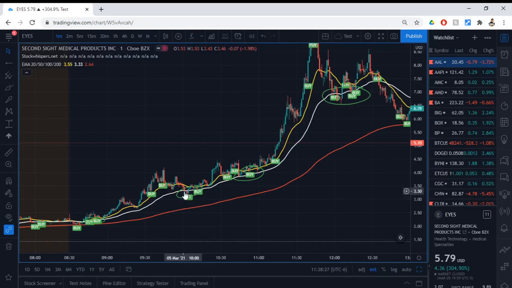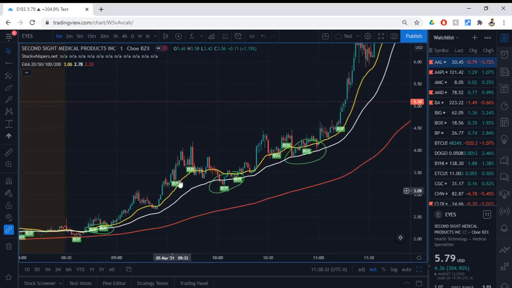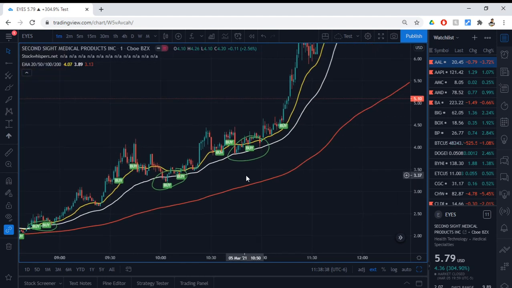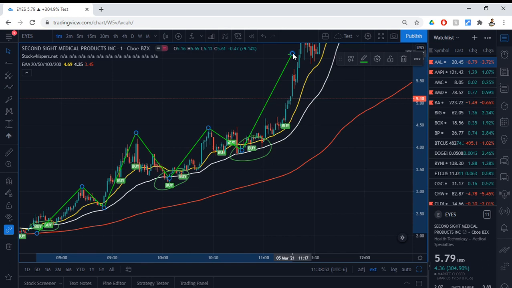they tend to work a little bit better, because the 20-day moving average is a short-term moving average, right? So if it's a short-term moving average and price typically goes up, then it pulls back to the moving average. It goes up, it pulls back to the moving average. It pulls back to the moving average, and it goes up.